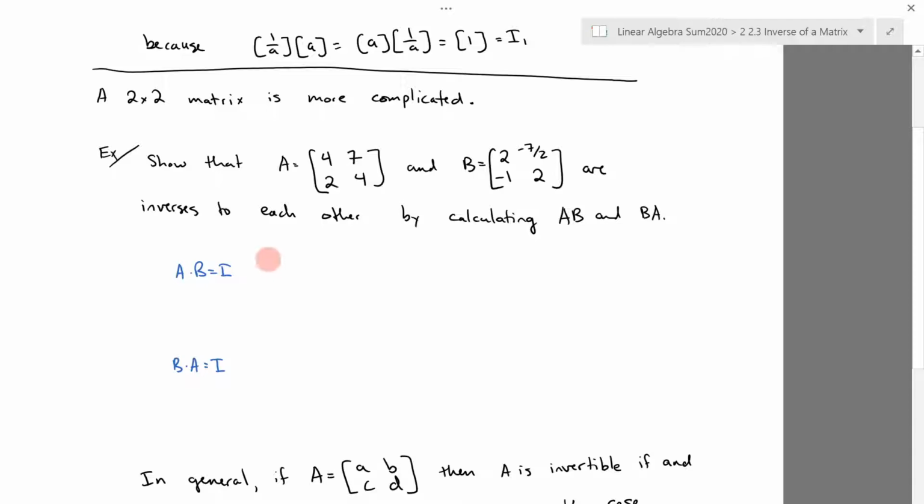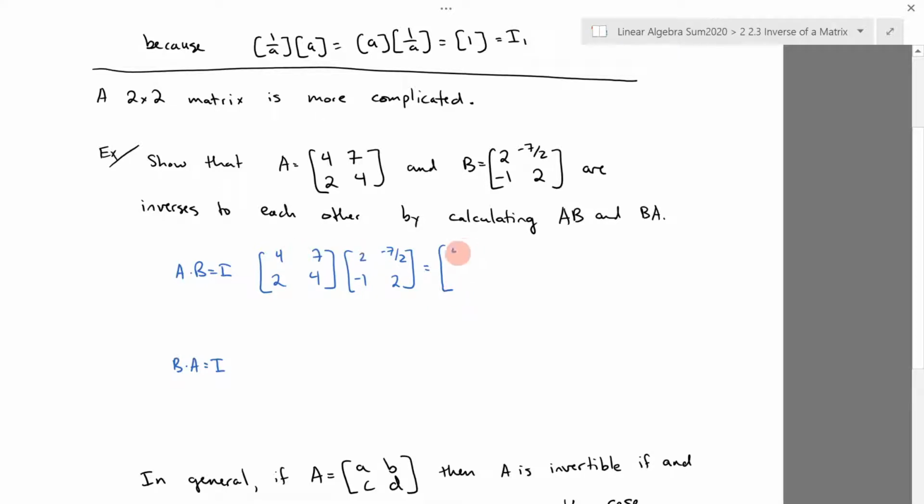Okay, so A times B is [4, 7; 2, 4] times [2, negative 7 halves; negative 1, 2]. Let's do the multiplication.